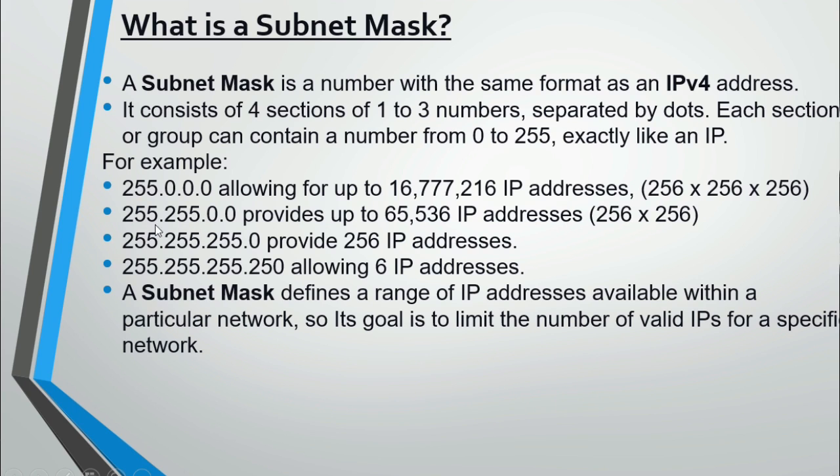As you see, we have 2 sections full. So this is the formula that we use to get this number, because we have here 2 sections empty. The third example is a class C network with 255.255.255.0.